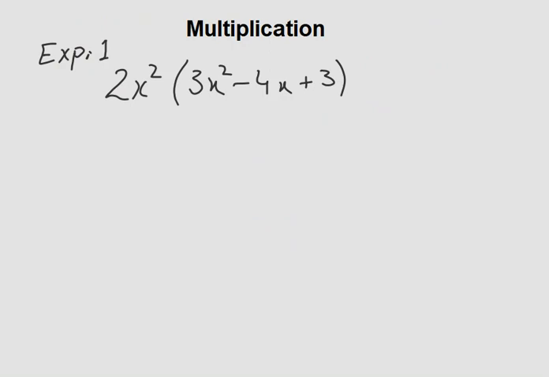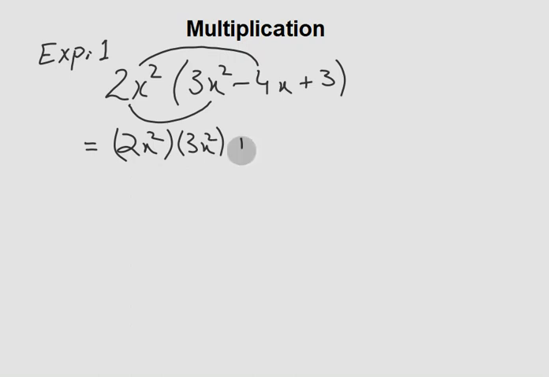First, this is 2x square multiplied by 3x square minus 4x plus 3. This is an example. So how will you do it? 2x square will be multiplied with 3x square. Now 2x square will be multiplied with minus 4x.